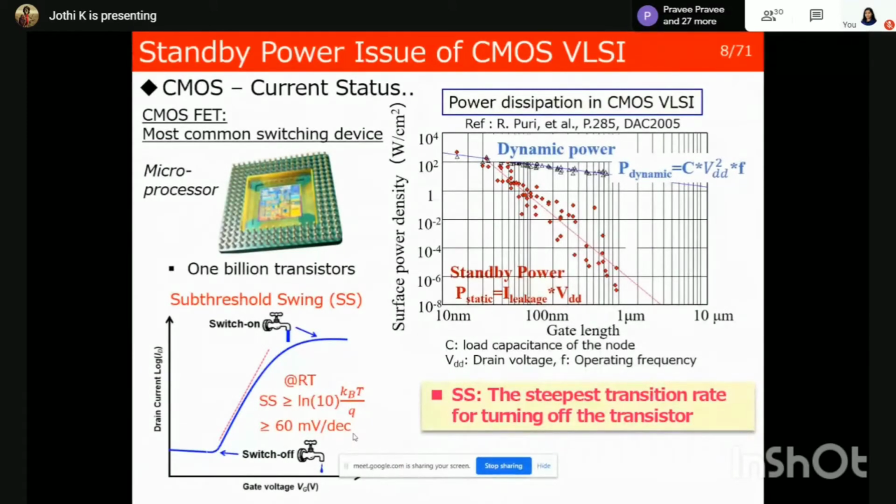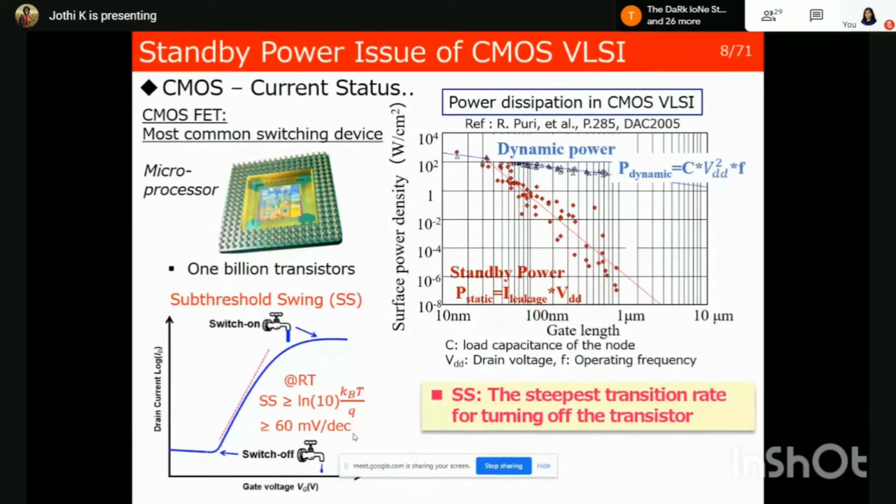Why is that? If you analytically express the sub-threshold swing, you get the log of kBT by q. This kBT by q is what we refer to as a non-dimensional factor. There is no factor related to your device dimension that you can modify to reduce this.